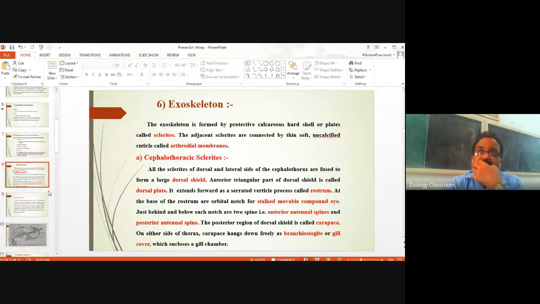So the word is the same and the meaning is also the same, but the thickness differs. It is very hard and tough in turtles and tortoises, but comparatively thin here, though still hard compared to other parts of the body. So on either side of the thorax, the carapace hangs down freely as the branchiostegite or gill cover.